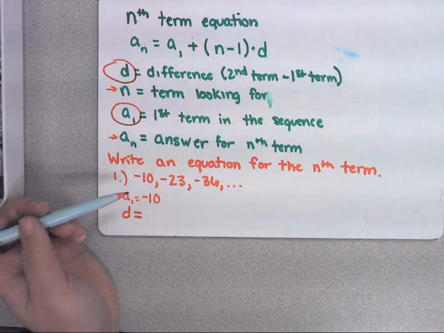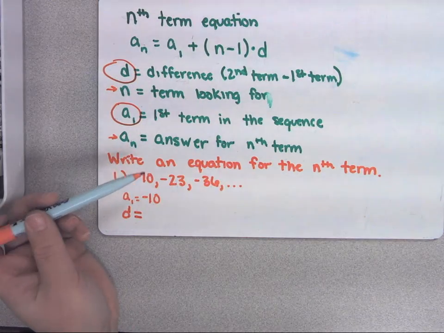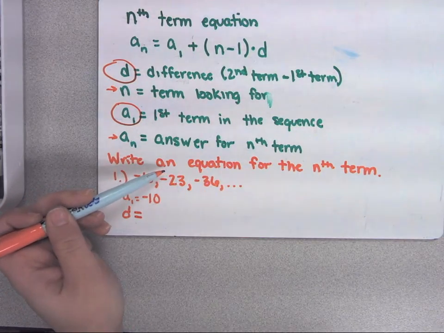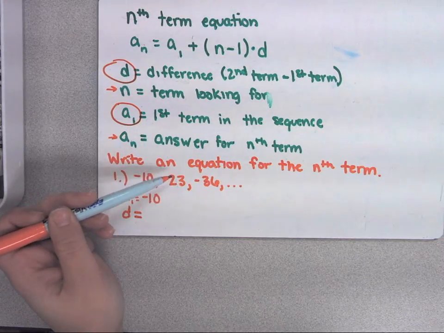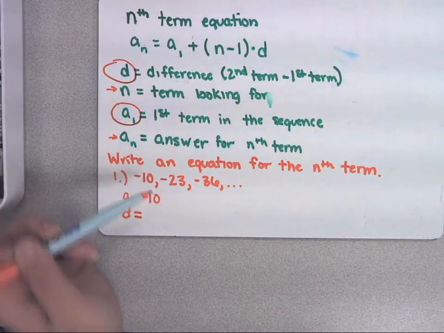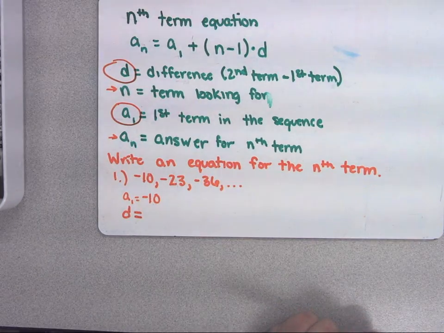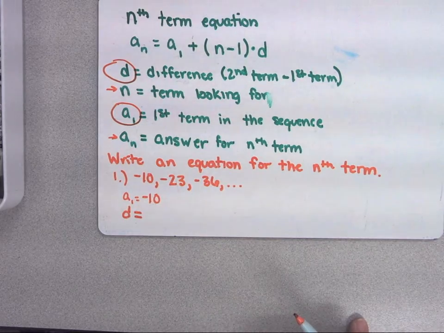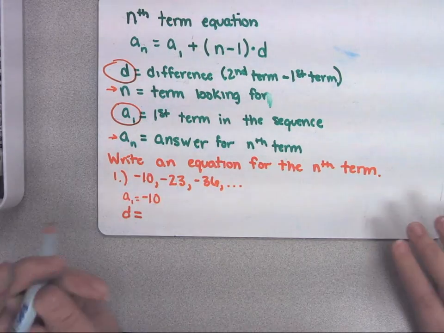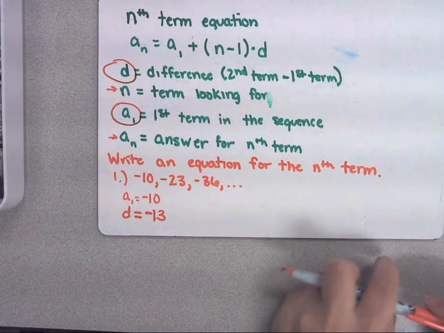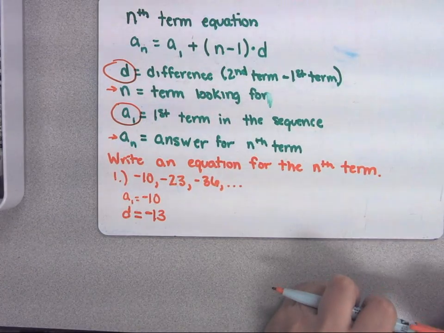How do we figure out what D is if we can't do the math? Yeah, we do -23 minus -10. So -23 minus and then -10. Make sure you plug in all those numbers correctly. What do you get, Chad? -13. And that negative sign, when we use it, really means negative sign, right?